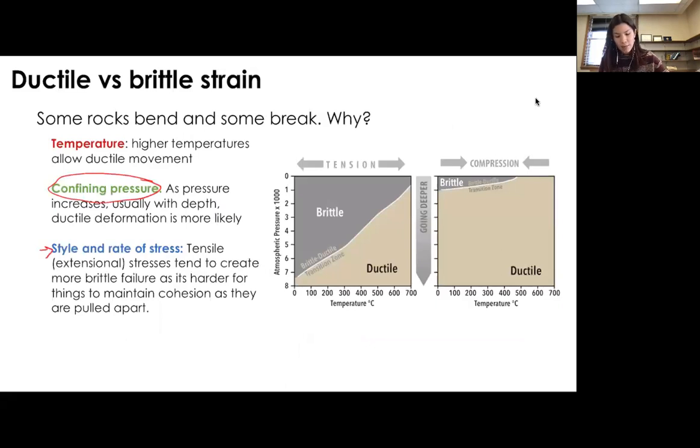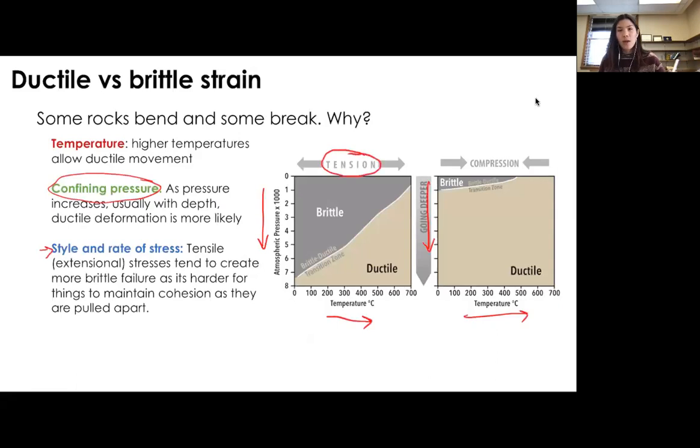We're looking at temperature increasing to the right and pressure increasing as we go down, mirroring how pressure increases with depth within the earth. And rocks will behave differently depending on the pressure and temperature conditions, as well as the type of stress.